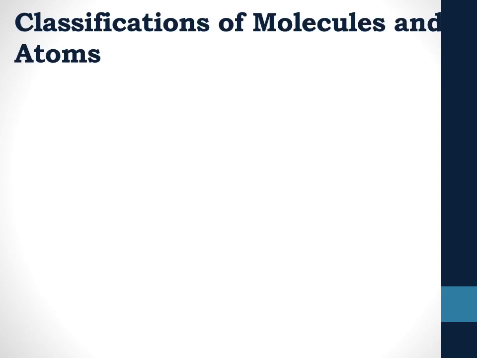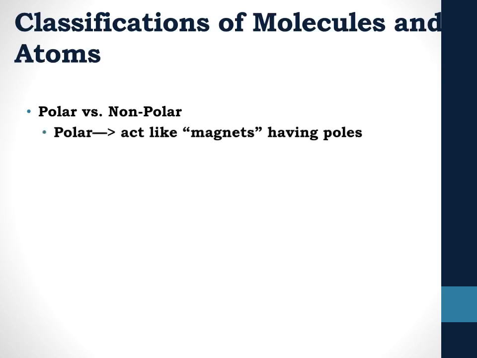When we look at these elements and we look at these molecules, we break them down into their classifications. The big two classifications that we have to look at here is polar and nonpolar. Polar molecules act quasi-magnetic. So they act like a magnet, which means that they will have a positive end and a negative end.